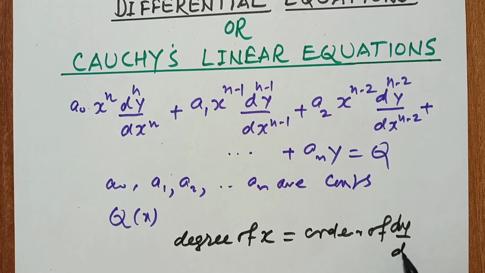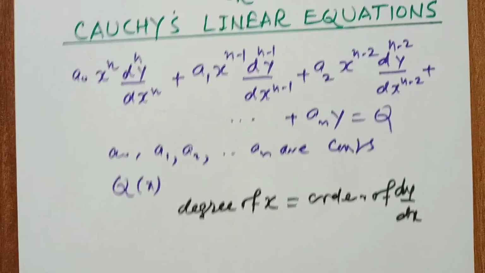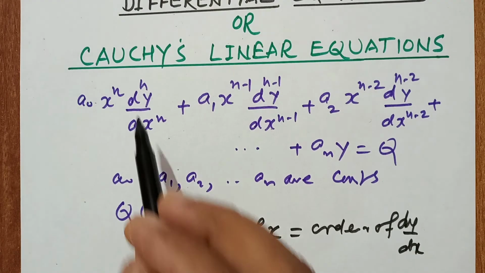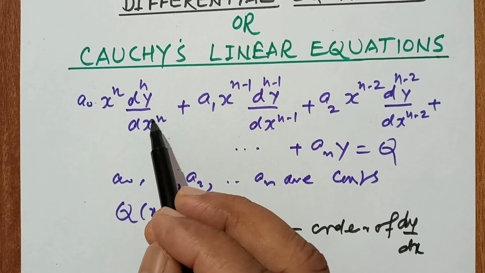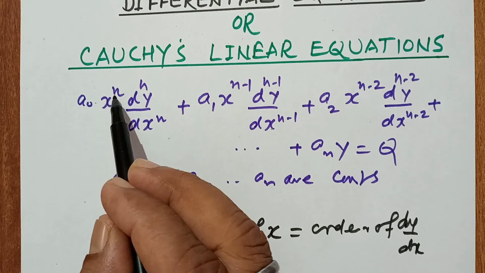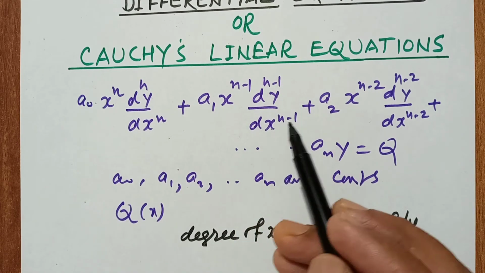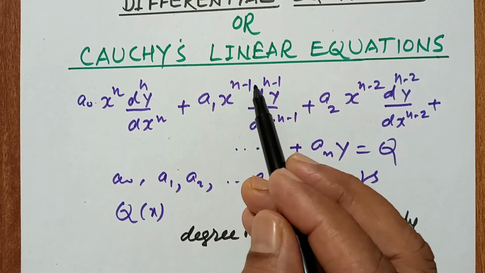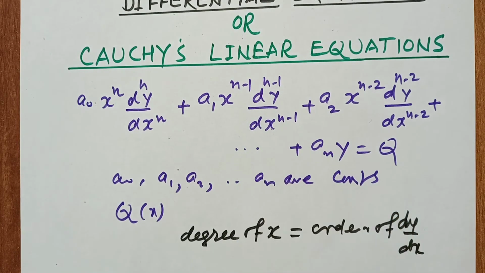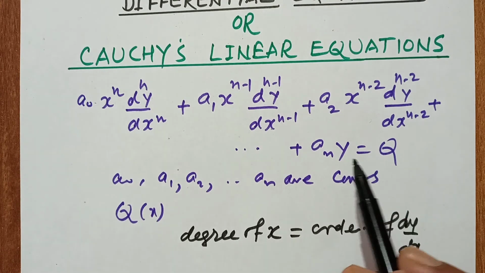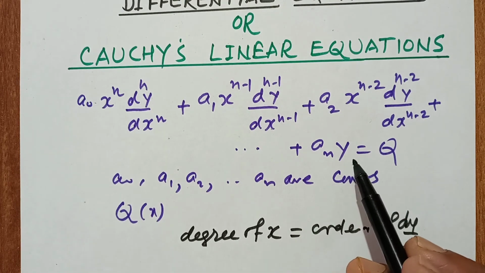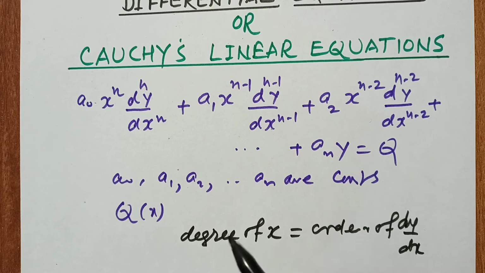First you see d^n y/dx^n, so the multiplication is x to the power n; d^(n-1)y/dx^(n-1), so the multiplication is x to the power n-1. It means if you have dy/dx, the multiplication is x; d^2y/dx^2, the multiplication is x squared.